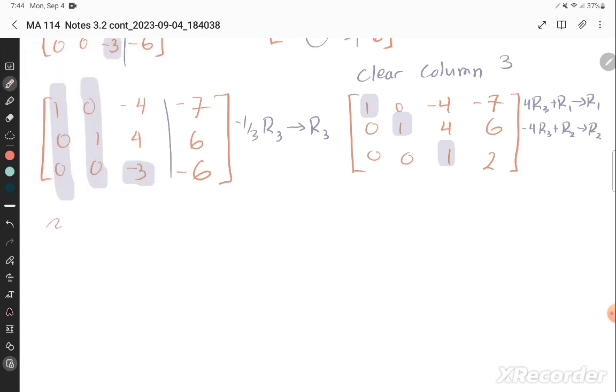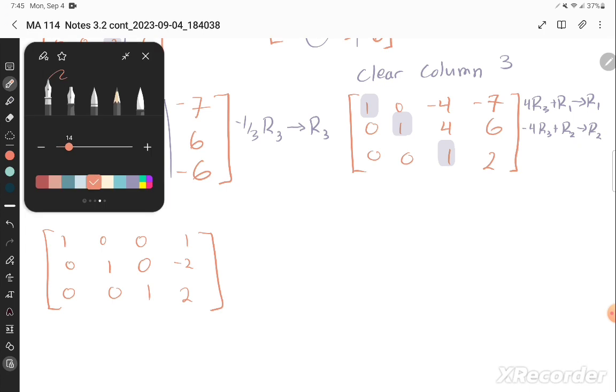When I do that, I get 1, 0, 0, and then 1, because 2 times 4 is 8, 8 plus -7 is 1. I get 0, 1, and then 0, but then -8 plus 6 is going to get me -2. And then my last one remains unchanged, 0, 0, 1, 2.